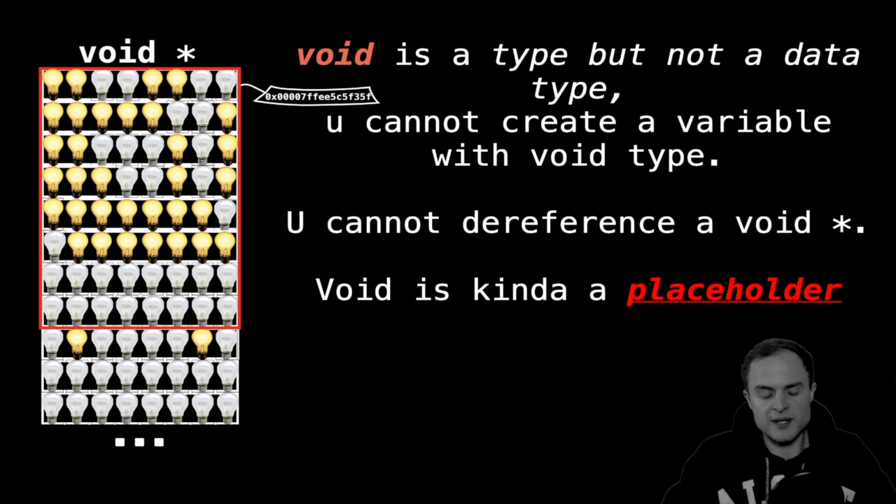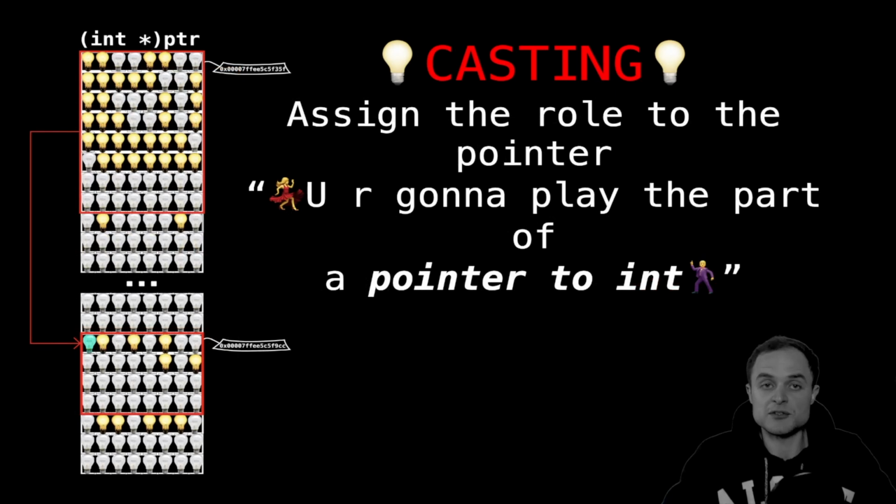At a certain point, I can say, hey, I want this pointer to point, for example, to an integer, okay? So I'm casting that void pointer to a pointer to an integer. What does it mean? Well, it means that the pointer, which previously was without a type, now is pointing to an integer. Namely, is pointing to 4 bytes, right?